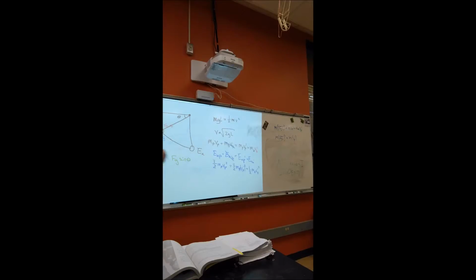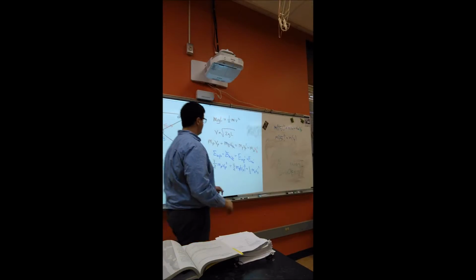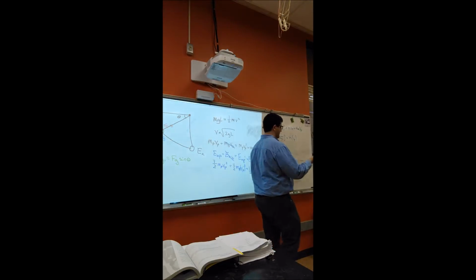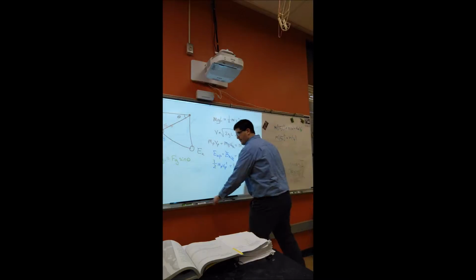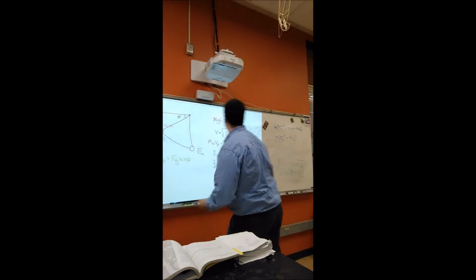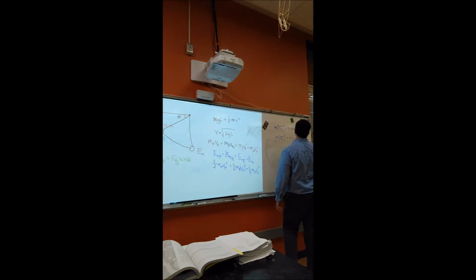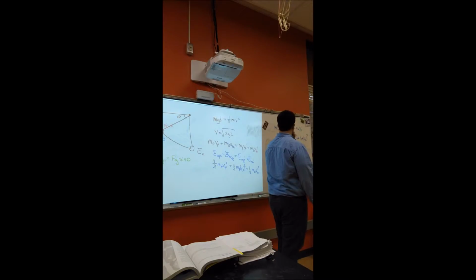So we're looking for Vb prime, plus 4m times Vb prime squared. Again, all the m's cancel out, and this actually just squares to 2gl.